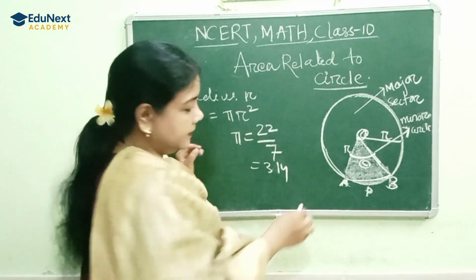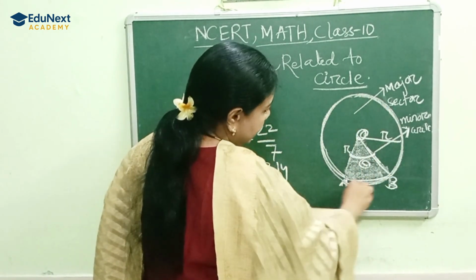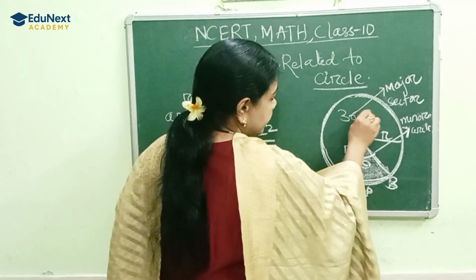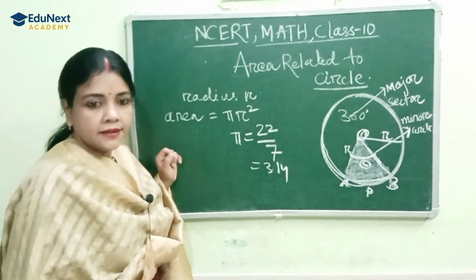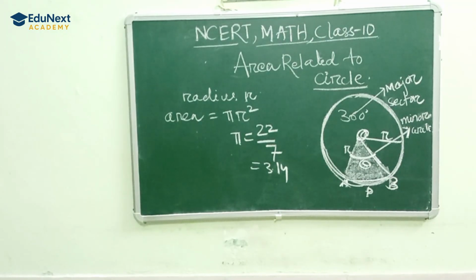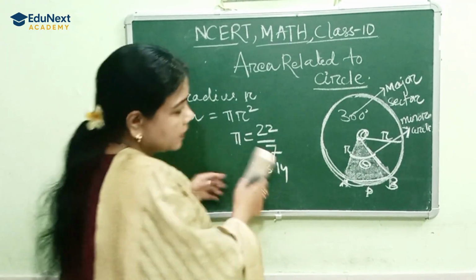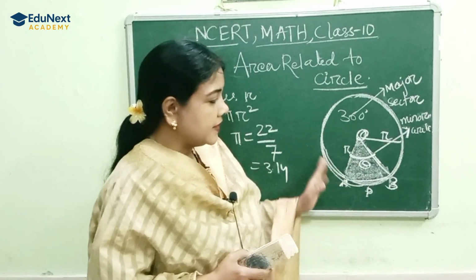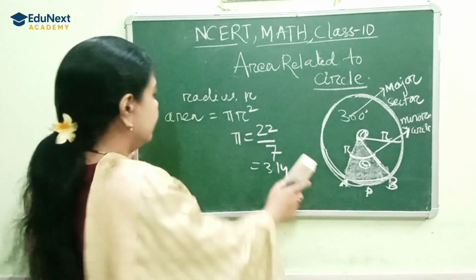Now as you know, the total angle made by the circle is 360 degree.